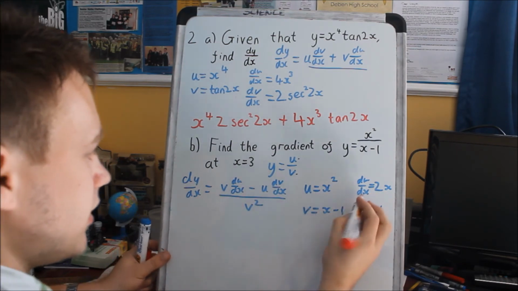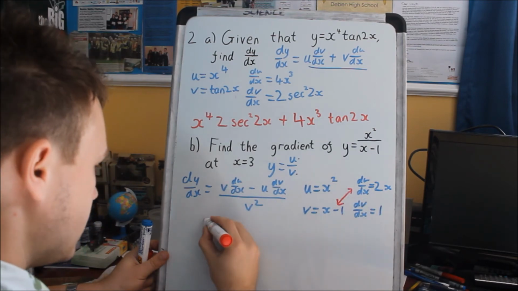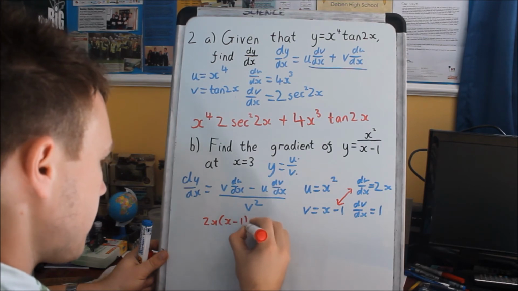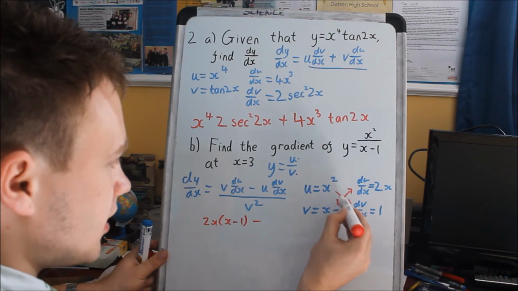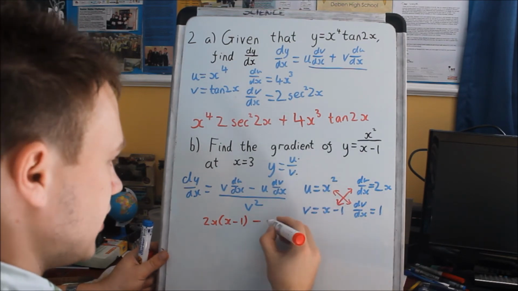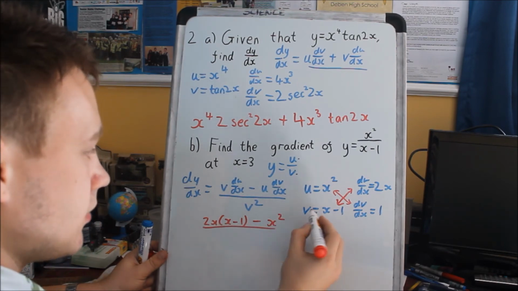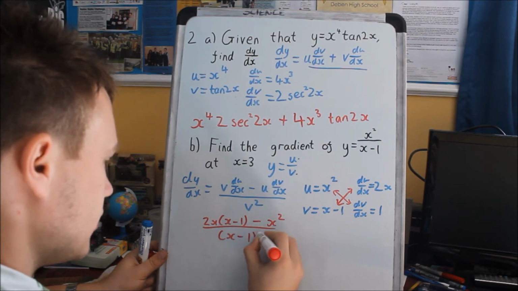So v du by dx is v times that one, so it's 2x lots of x minus 1, minus u dv by dx, that one times that one, which is, well, I can do that straight away, x squared times 1 is just x squared. All over v squared, so it's this one squared. All of it, don't forget, x minus 1 all squared.